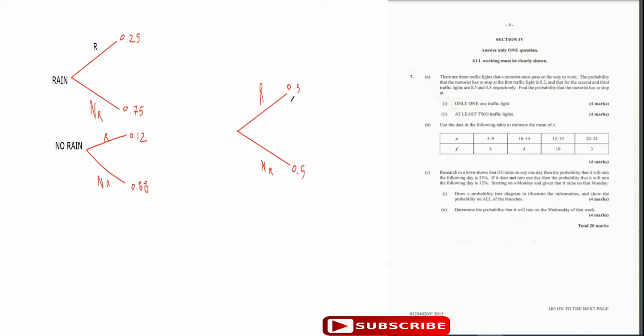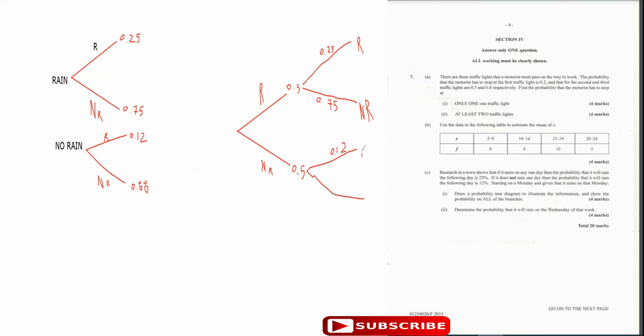Now, given that it rains, the chance of it raining again the next day will be 0.25. This is for the chance of it raining again. And given that it rains, the chance of it not raining is 0.75. This would be no rain. Now, given that it doesn't rain, the chance of it raining is 0.12.